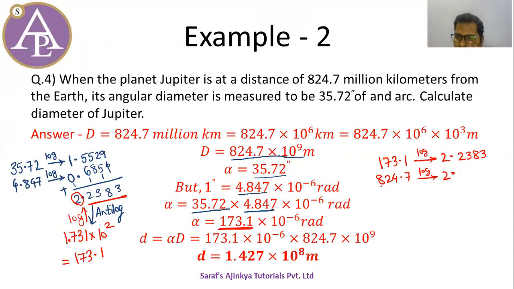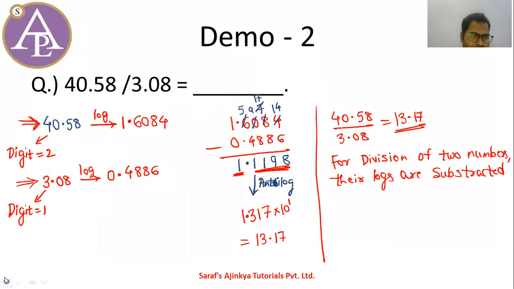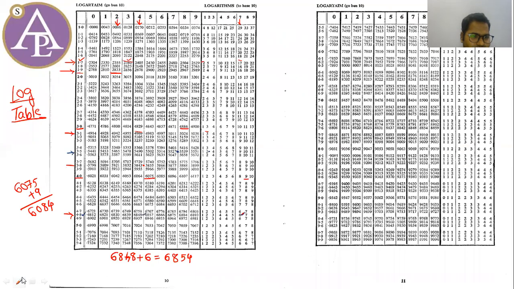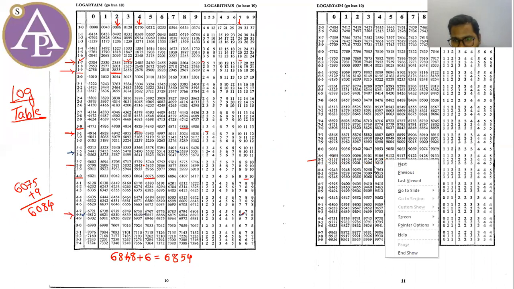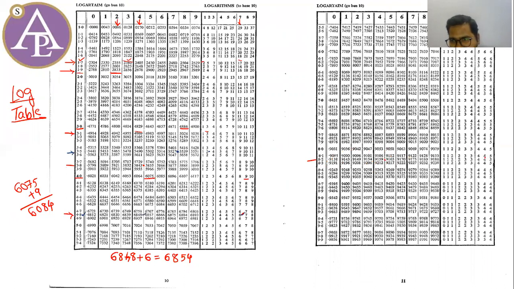And then 8247. So 8247. Where is 82? So 82. This is 4. 82, 4 and 7 is 4. So 9182, 4 and 7, right? 82, 4 and 7.